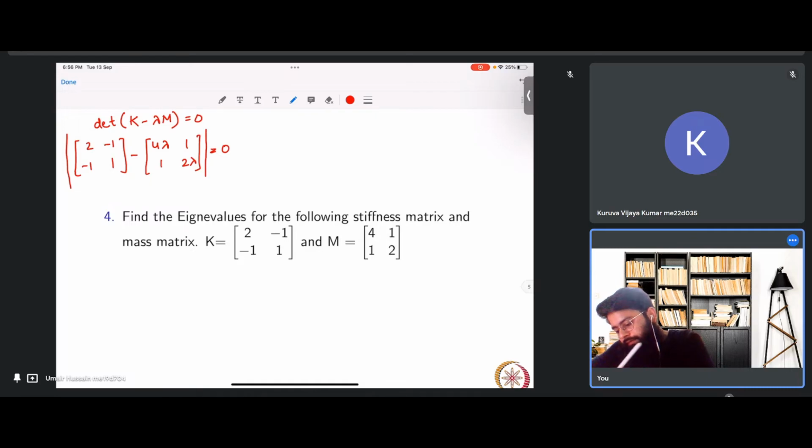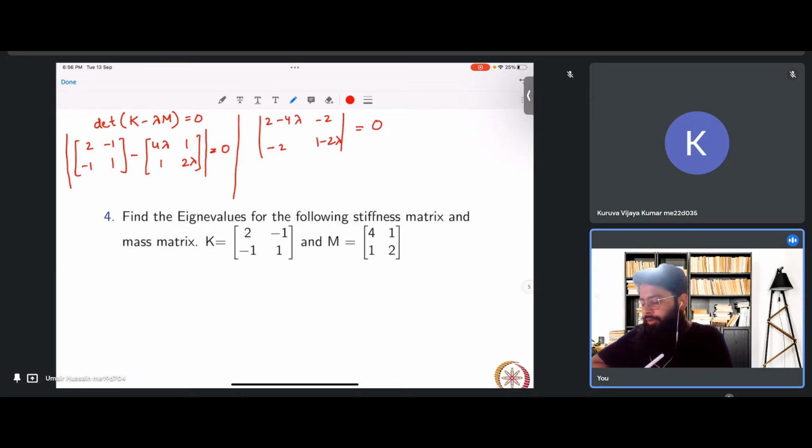So we have right here 2 minus 4 lambda, here minus 1 minus 2, then we have minus 2 here, then we have 1 minus 2 lambda. You take the determinant of this thing, right?